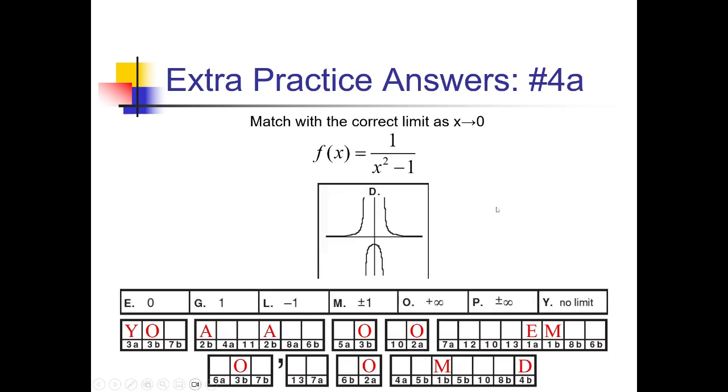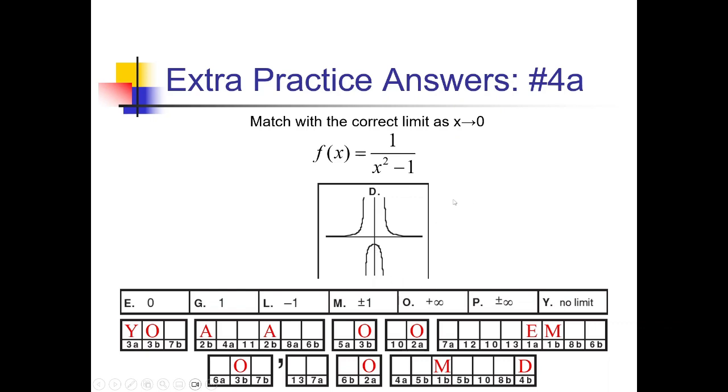Next up, circling back to 4a, we want to figure out limit as x approaches 0 for this thing. So looking at the graph, from the left and the right, we're approaching this negative y value down here. Now, what exactly is that negative y value? Well, looking at our answer choices, we have zeros, ones, and infinities, so I think we can narrow it down based off of that.